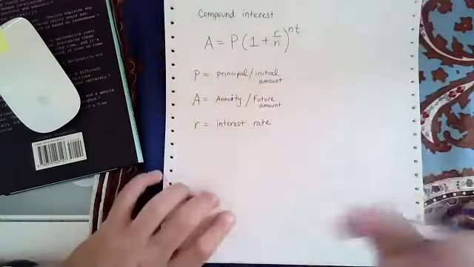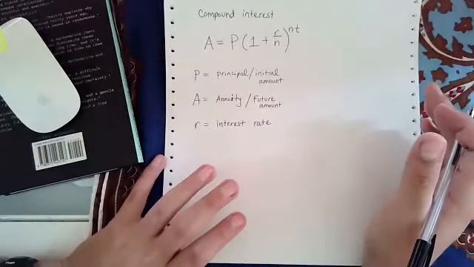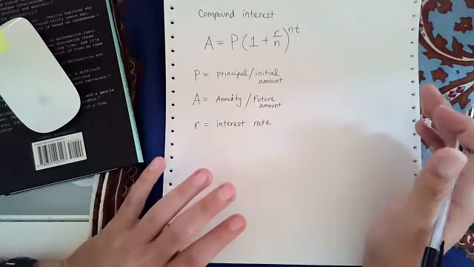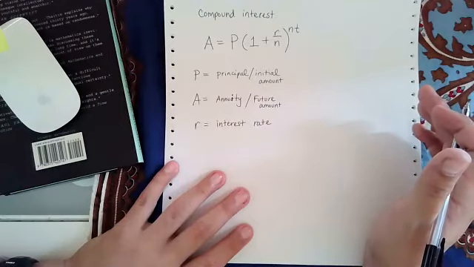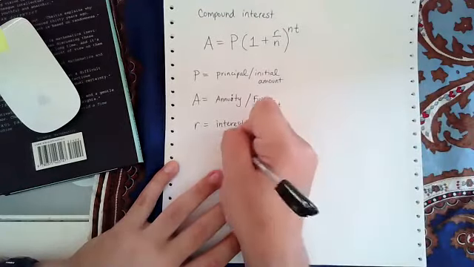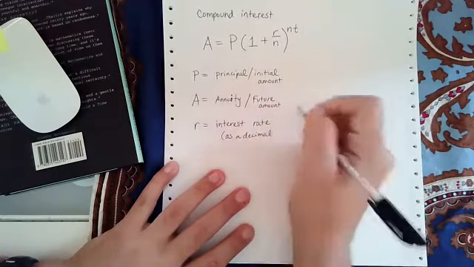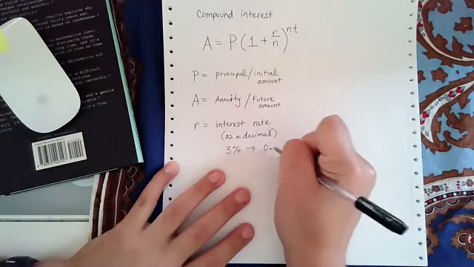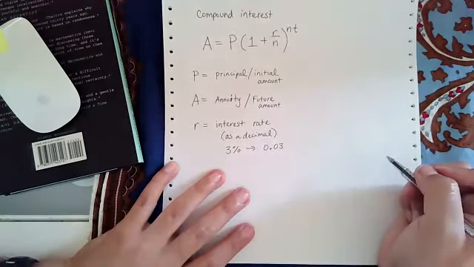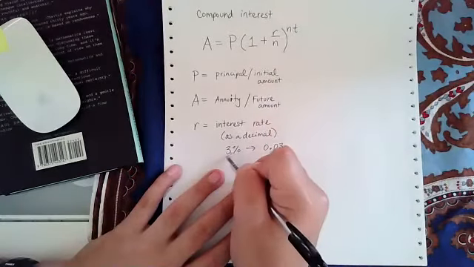Like you might have an interest rate for a mortgage loan of, let's say, 2.5%. We'll want to express that as a decimal though. So for example, 3% as a decimal would be 0.03. Basically, you're moving the decimal point over twice to the left.